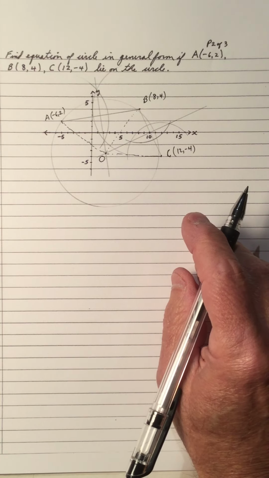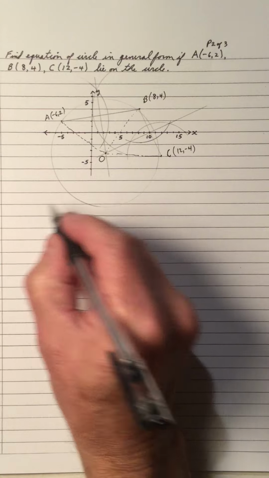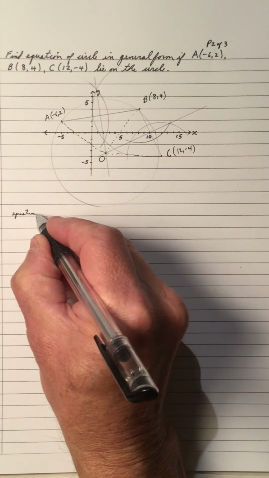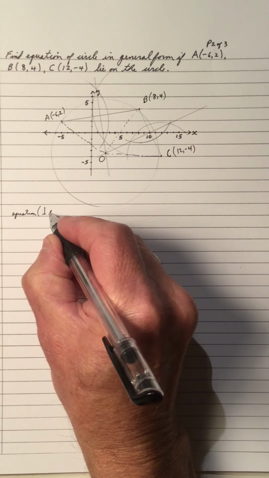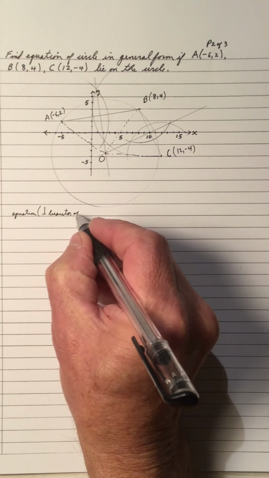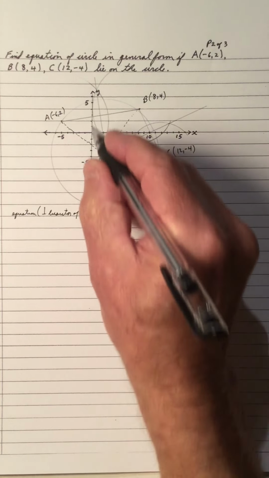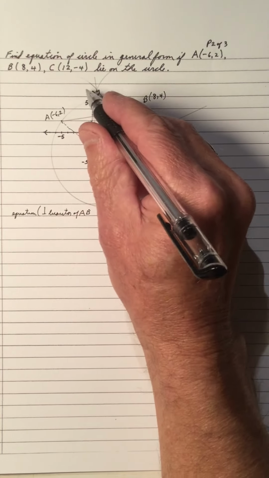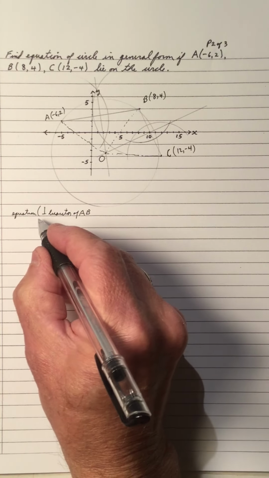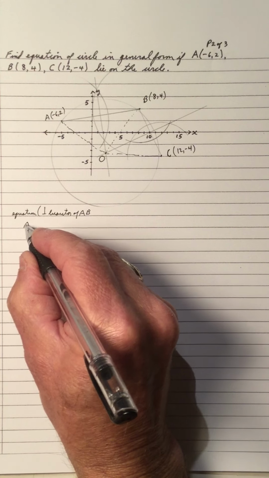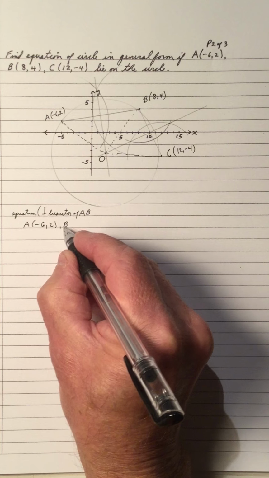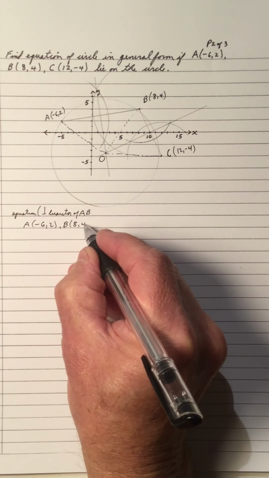Here we go. Let's find the equation of the perpendicular bisector of AB. So A is -6, 2. B is 8, 4.